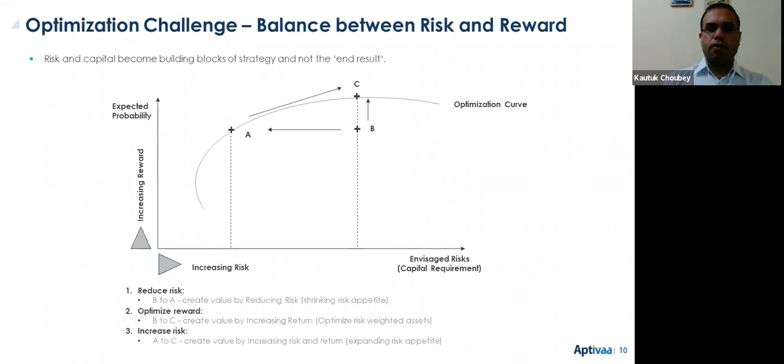In this manner, with a balance between the risk and the reward, the banks tend to move ahead, and most of the banks which have grown in size and yet have been resilient time and again have followed this strategy. So basically, the crux of this optimization curve is that risk and capital are the building blocks of a financial institution's growth, and not the end result or outcome of it.